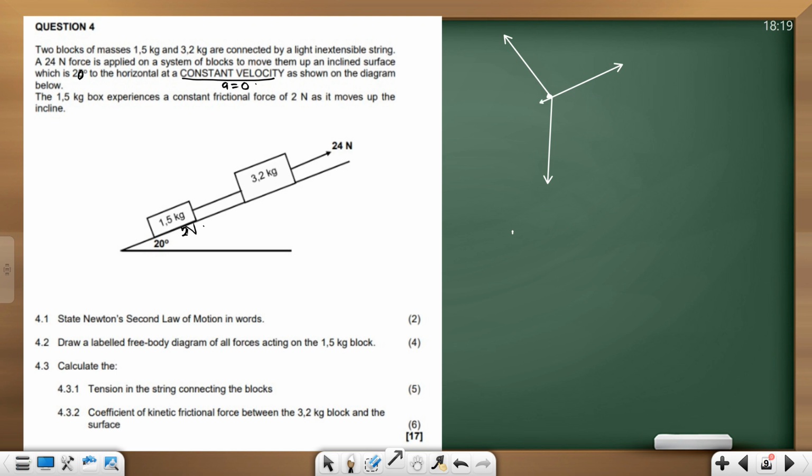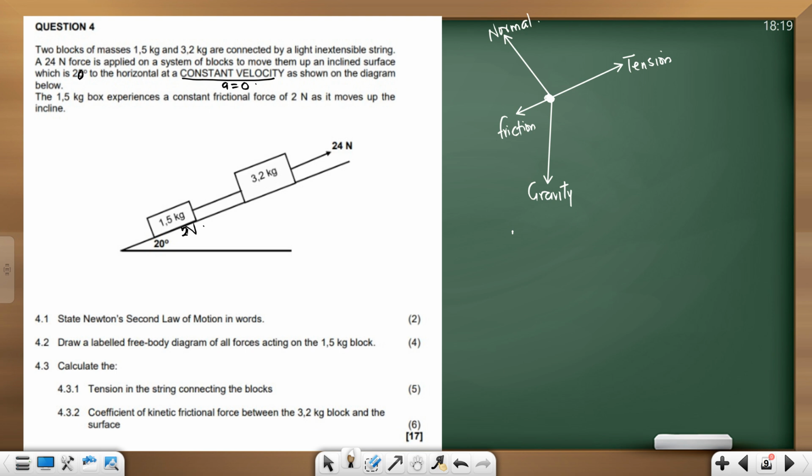If the object is going up, friction must be acting in the opposite direction. So let's label quickly. Force of gravity. We have our tension, we have our friction, and we have the normal force. You get your quick 4 marks there.